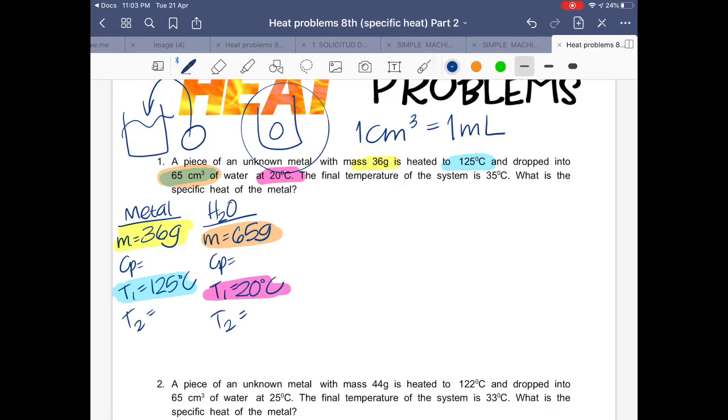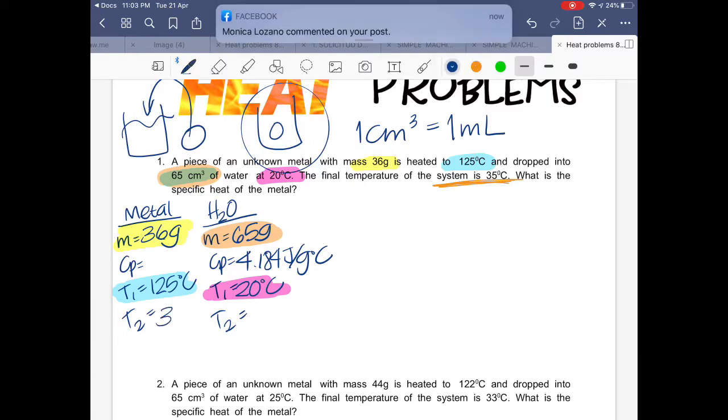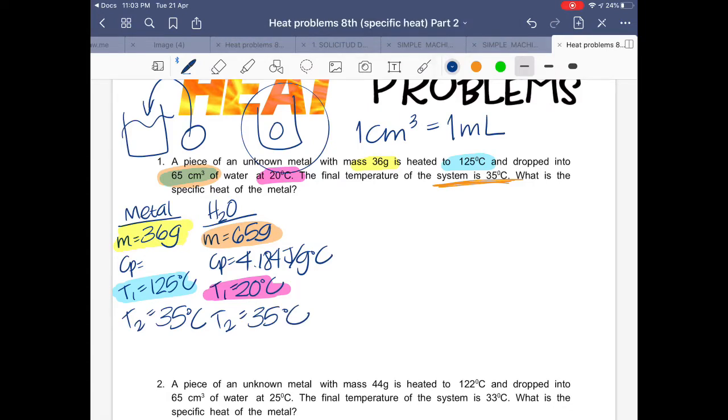We already know the specific heat of water, as always, which is 4.184 joules over grams per degree Celsius. We know the final temperature of the system is 35 degrees Celsius. So we have 35 degrees Celsius and 35 degrees Celsius. And we're searching for the specific heat.